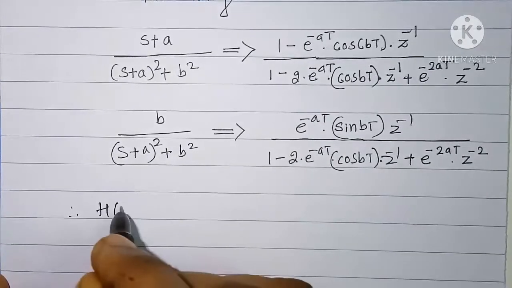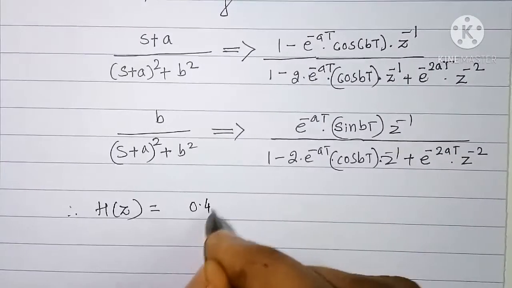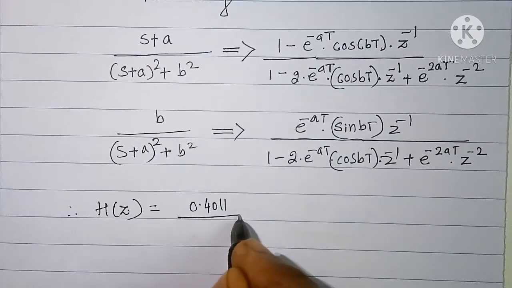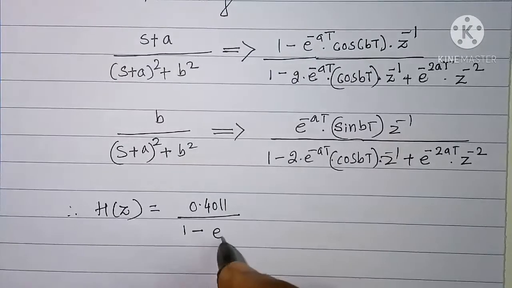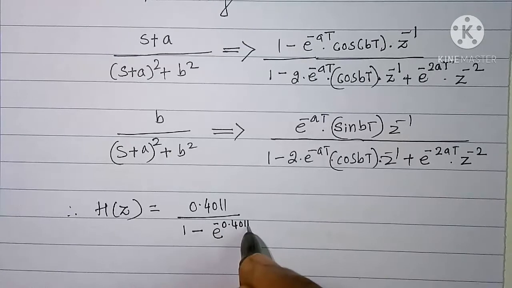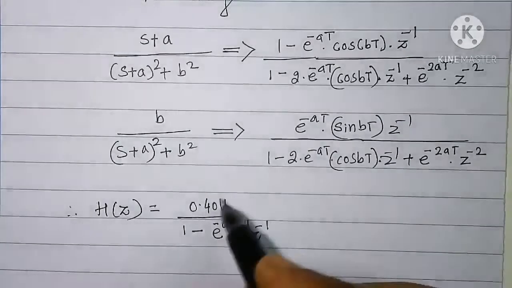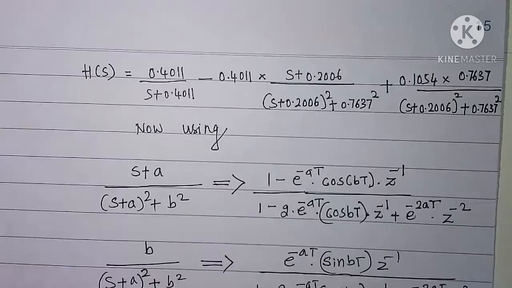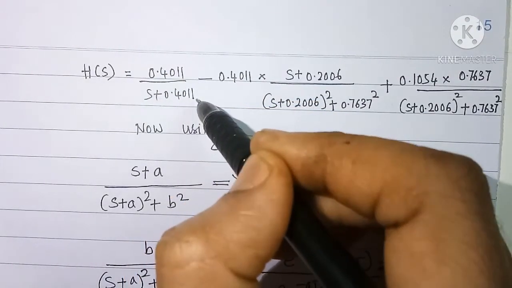Therefore, h of z is equal to 0.4011 upon 1 minus e raised to minus 0.4011 into z raised to minus 1. This is z transform of 0.4011 upon s plus 0.4011.